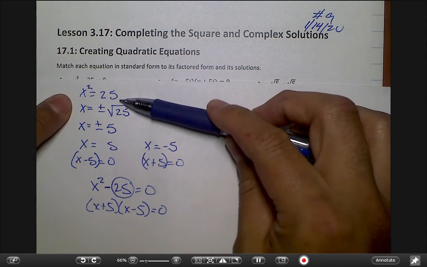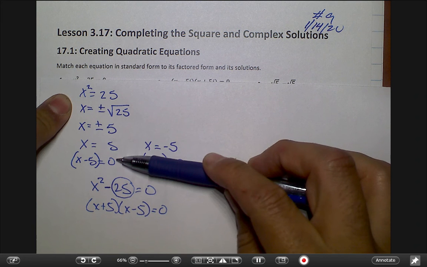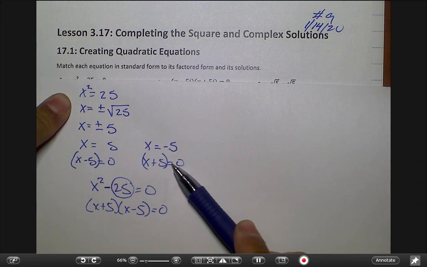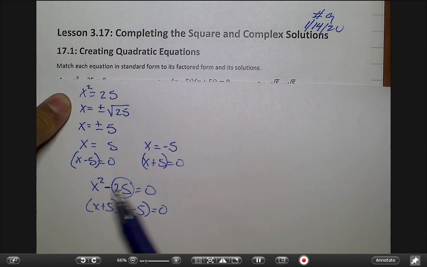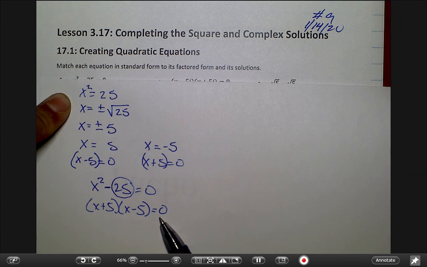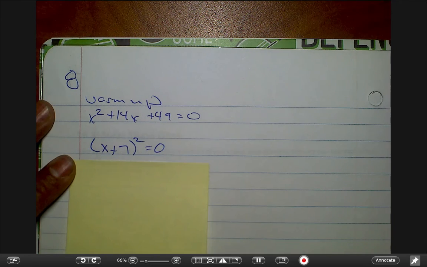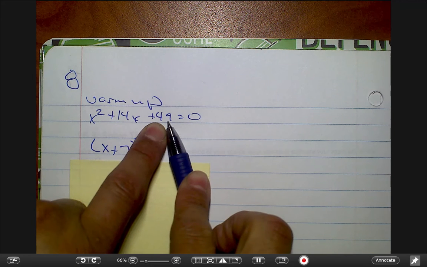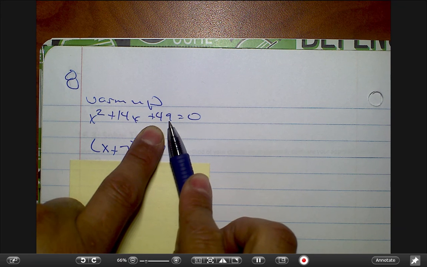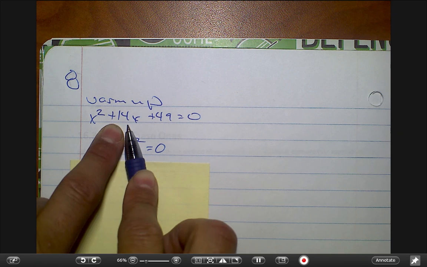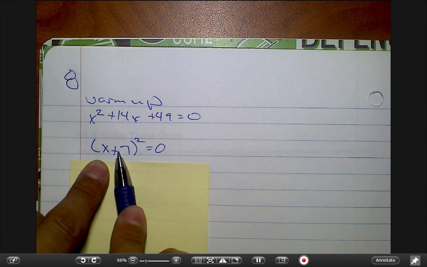If you notice, I did all this work and got the same thing, right? But if you identify it as difference of squares, you could jump straight to this. Just like if I identified this one over here as a perfect square, the square root of 49 is 7, and 7 plus 7 is 14, and then I could jump straight to this.